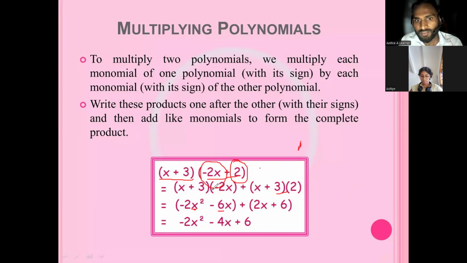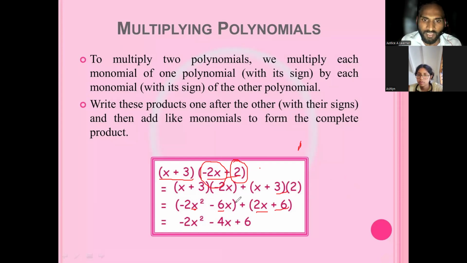So negative 6x, and then plus, we have the same here. 2 into x is equal to 2x, and positive 2 and 3 both are multiplied, then positive 2 into 3, positive 6.